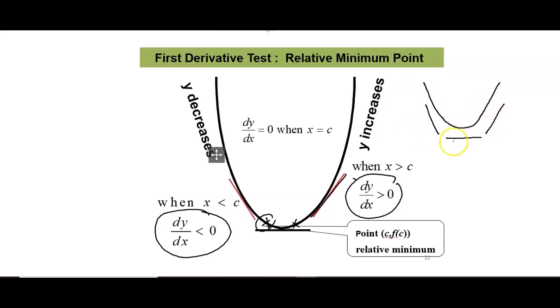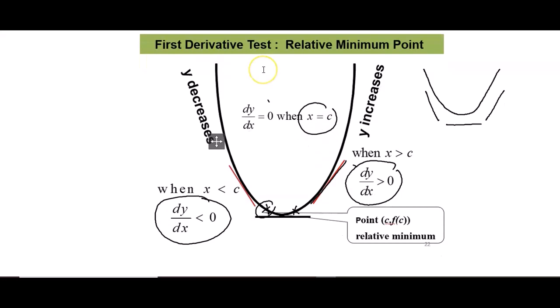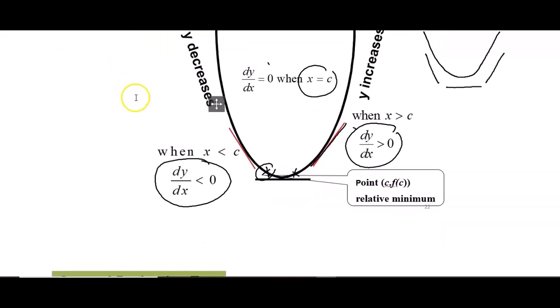So this represents that the shape of the graph is in this form, and you would know that the stationary point that you found at x equals to c is actually a relative minimum. Later on, when we answer the question by determining whether the stationary point is a maximum or minimum using the first derivative test, we are going to sketch a table to see the pattern of the graph of the function.